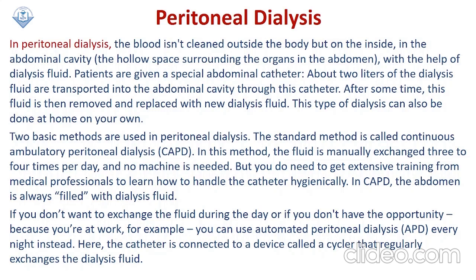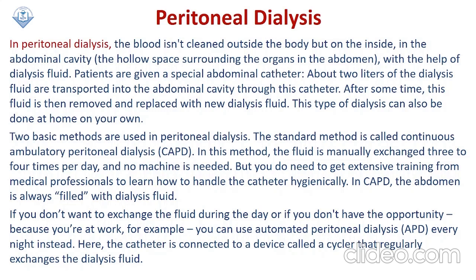The abdomen is always filled with dialysis fluid in this case. And if we don't want to exchange the fluid during the day, or we don't have this opportunity because of work or other causes, we can use the automatic method of peritoneal dialysis.